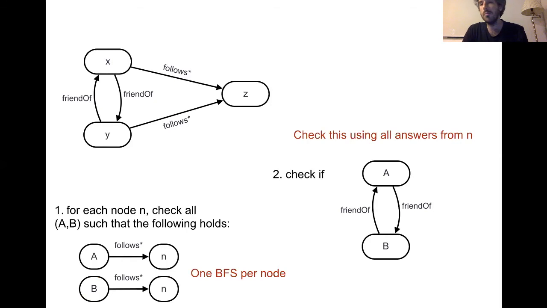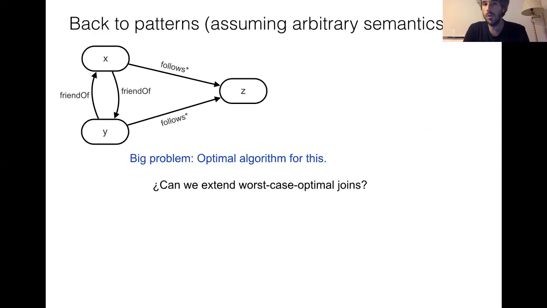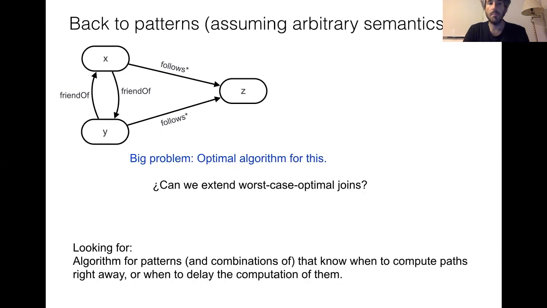Well, I'm doing one BFS per node in the graph, which should be less efficient. But then once I do this, I just have to check this local part among all answers from this node n. And of course you can cache it in case you get it for more n's and so on. So there are some cases where this could actually be more efficient than the other approach.